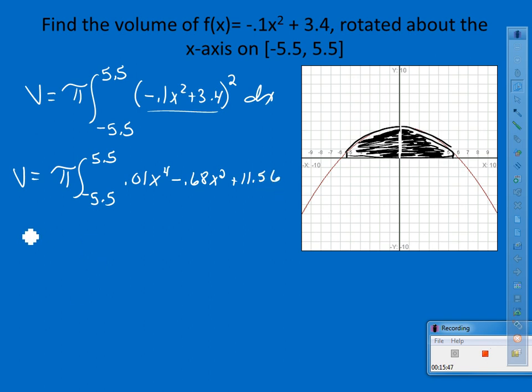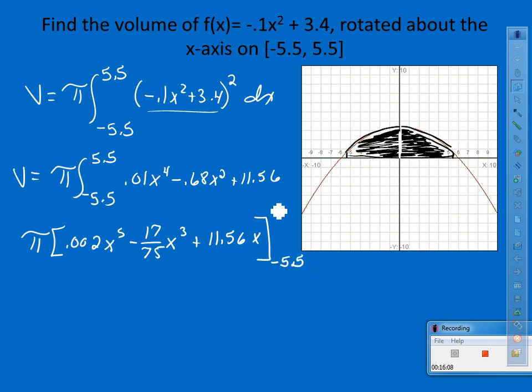And then when I found the antiderivative of it, added 1, multiplied by 1/5, I had 0.002 x to the fifth minus 17/75 x cubed plus 11.56 x. And I'm going to evaluate that from negative 5.5 to 5.5.